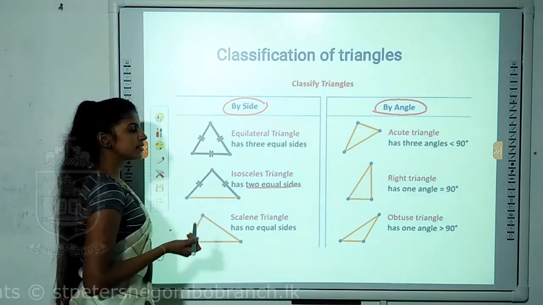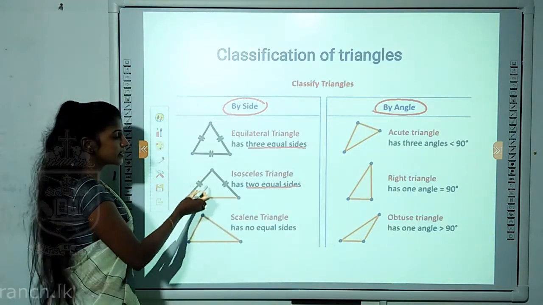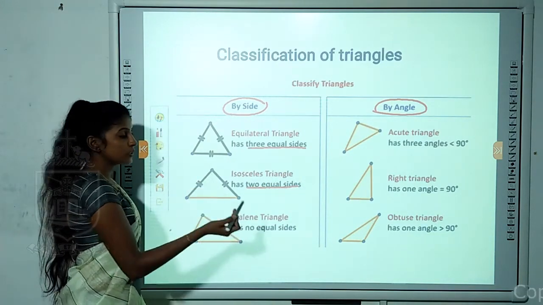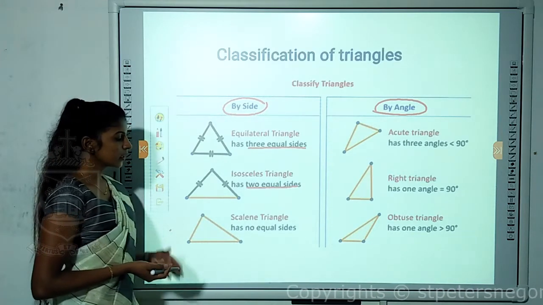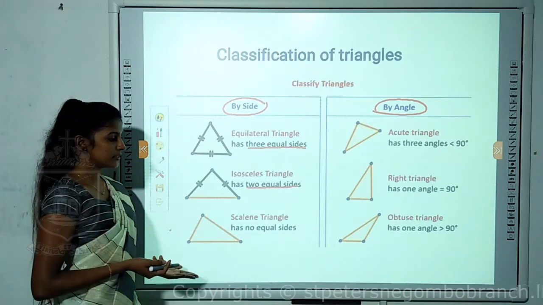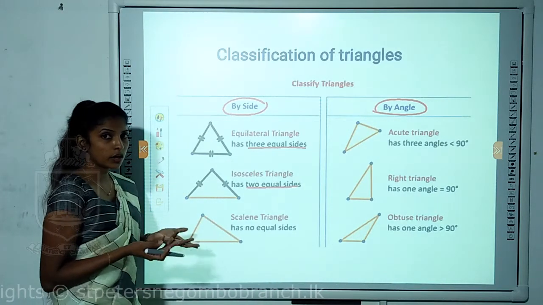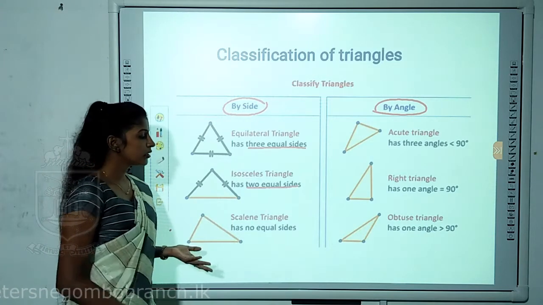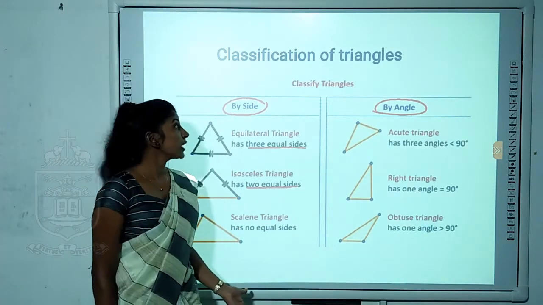If 2 equal sides are there, we give the special name, that is isosceles triangle. Third type, according to that classification, if no sides are equal to each other, all 3 are different to each other, we call it as a scalene triangle. Right, that's the classification based on sides.